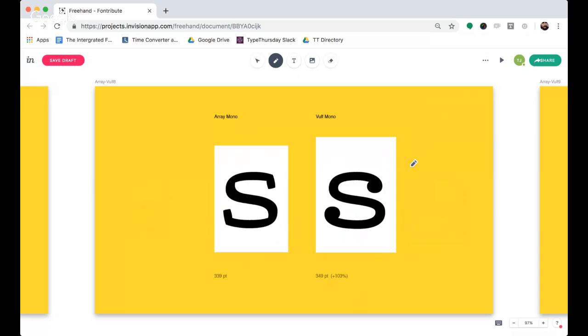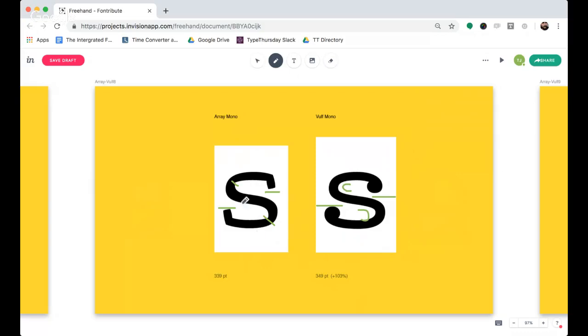Okay, so we're on to the S. Both chose to add terminals to it. We see that commonality of the two. It's the circular shape versus the rectilinear shape between the two. The abrupt cutting motions in the inner counters contrast with the smooth transitions in the spine.